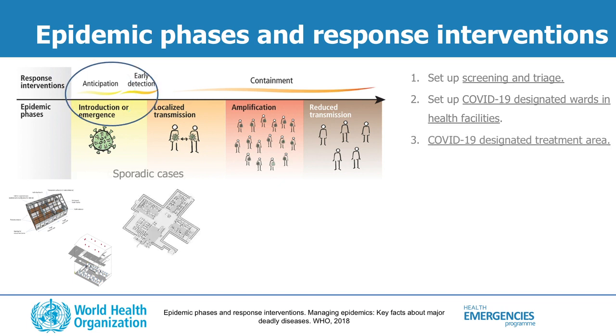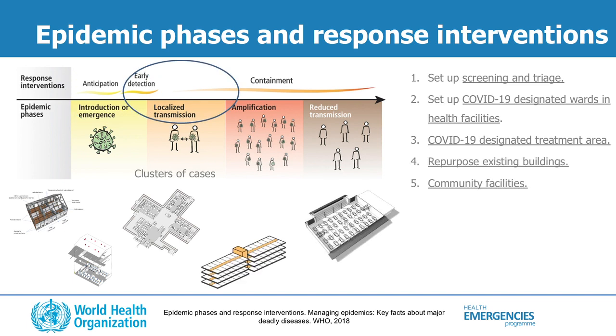For the second scenario, in addition to screening and triage facility, the country should designate specific COVID-19 treatment center in order to admit all the possible cases and prepare for the next scenario.